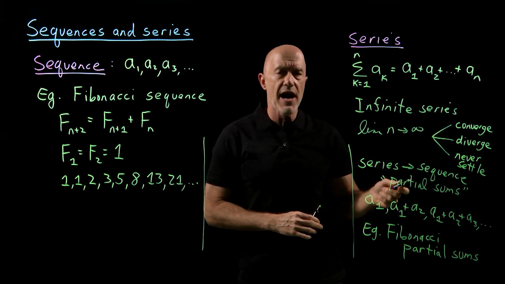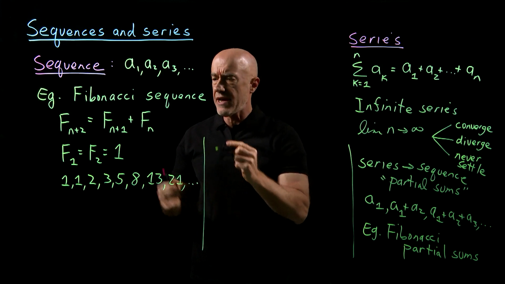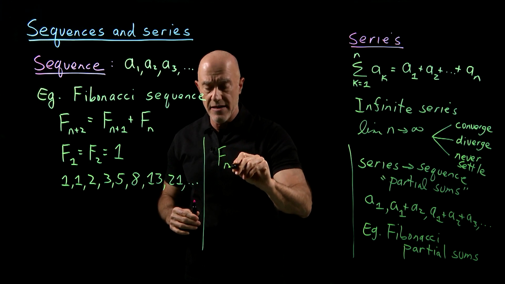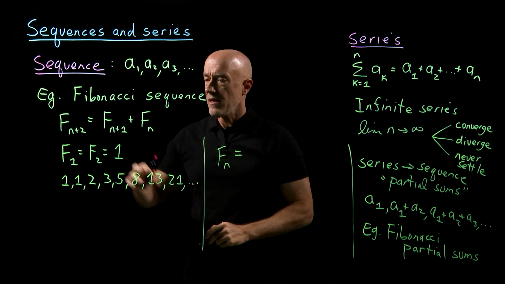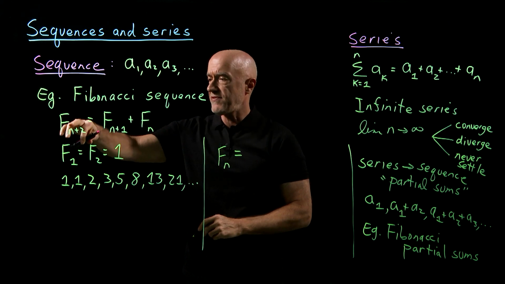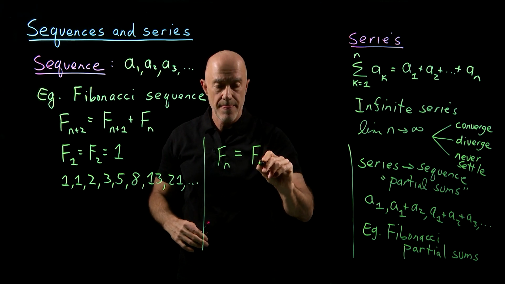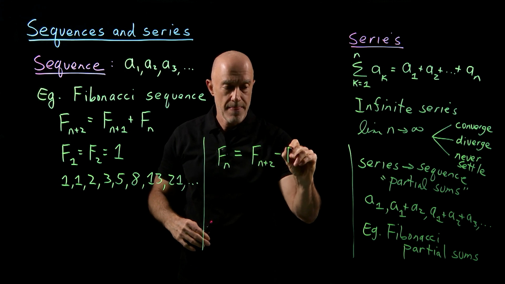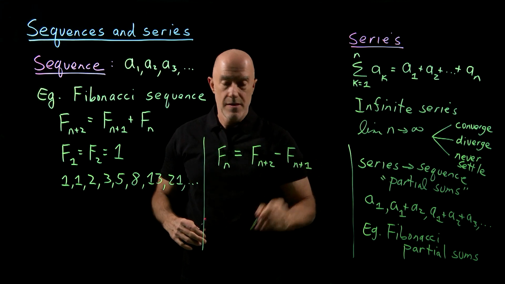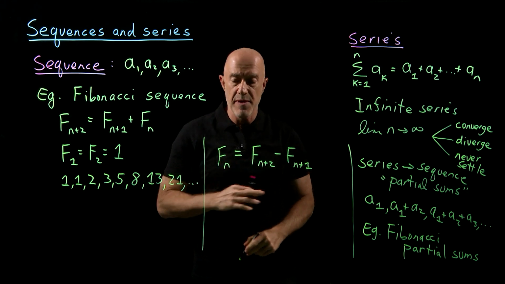So we want to find the sum of the first n Fibonacci numbers. So on the left-hand side, we can write f sub n. And then we can solve this equation: f sub n equals f sub n plus 2 minus f sub n plus 1.